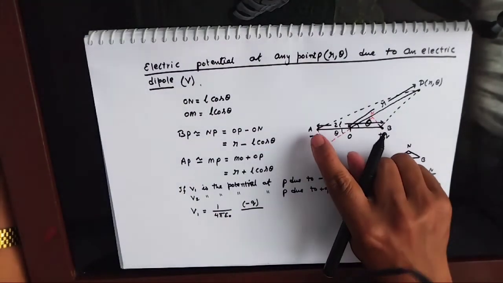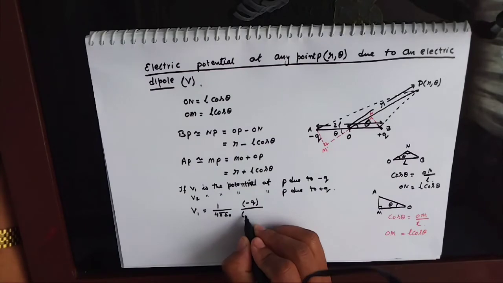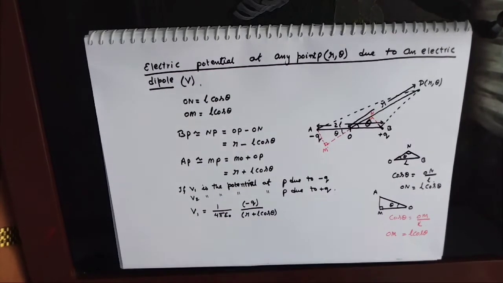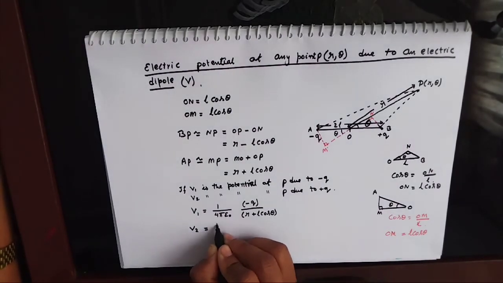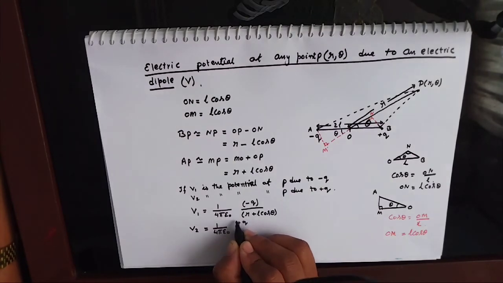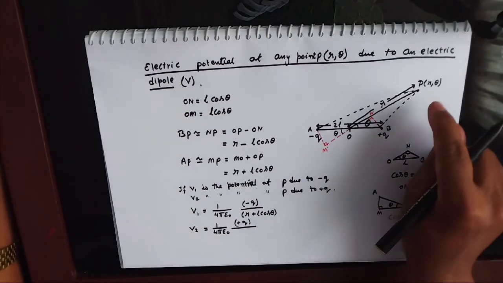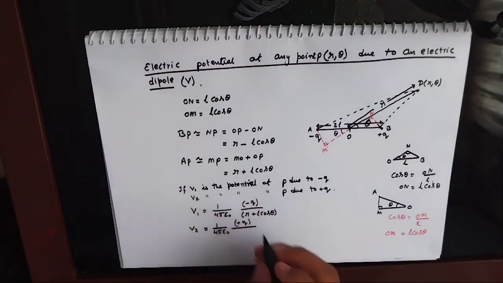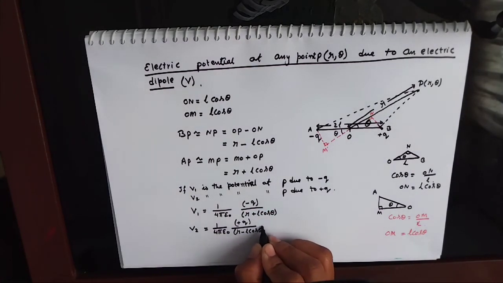It is nothing but AP, which is approximately equal to R plus L cos theta. And V2 we can write 1 by 4 pi epsilon naught, then plus Q, then the distance of point P from B is approximately equal to R minus L cos theta.